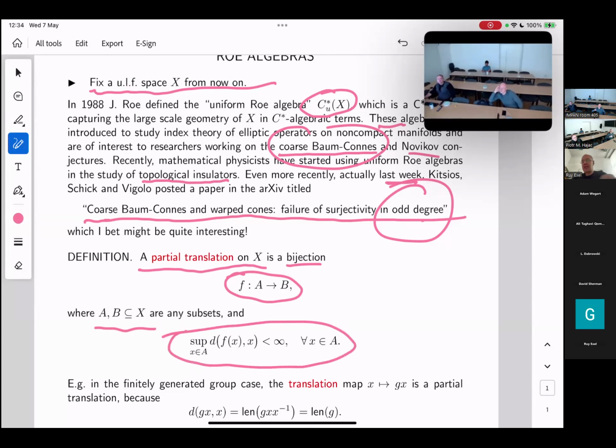This means that f is close to the identity function on A. We have already touched upon the question of when two functions are close. So this property says that f is close to the identity. So a partial translation is any bijection between sets which is close to the identity map.